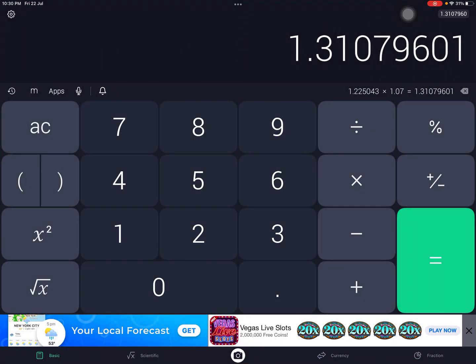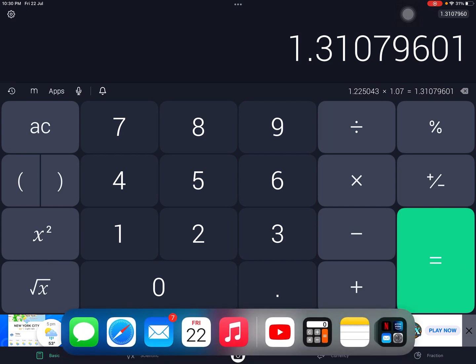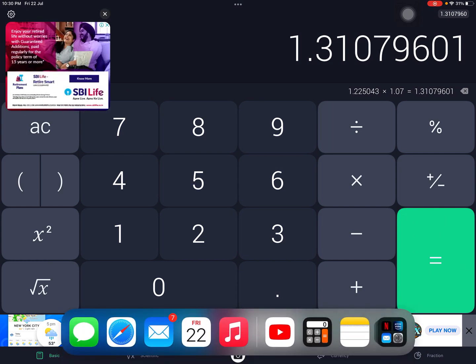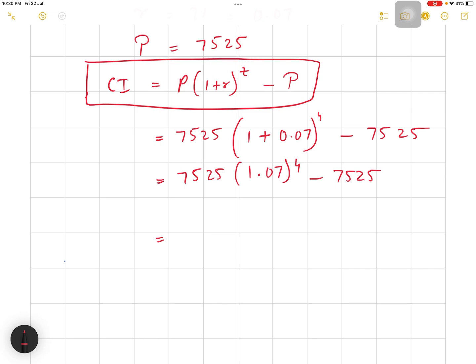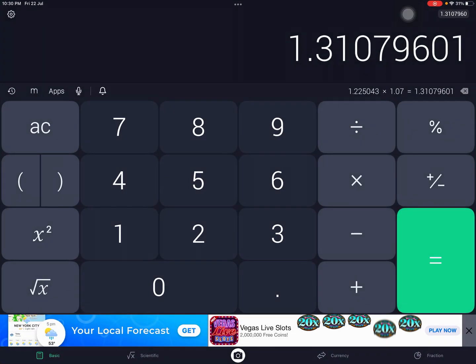I'll just multiply this, 1.310796 and so on, with 7525.